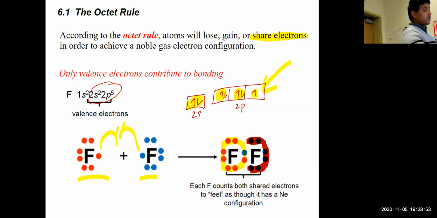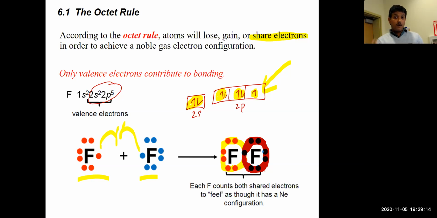And it already had its one electron here, so a total of 7 electrons. Because it is making a bond with another element by sharing its single electron, the other element's single electron is also in its vicinity. Now the other fluorine is also going to experience 8 electrons in its vicinity.